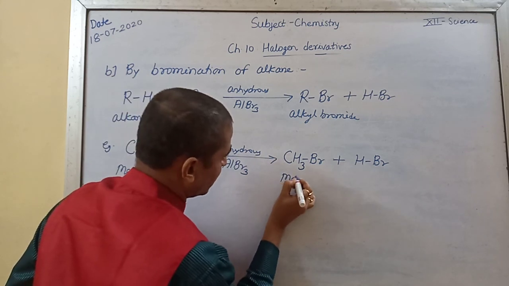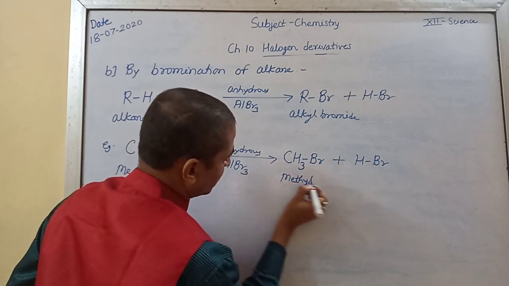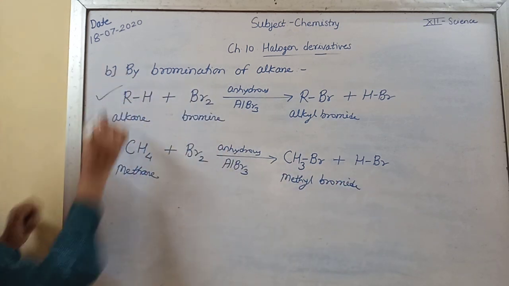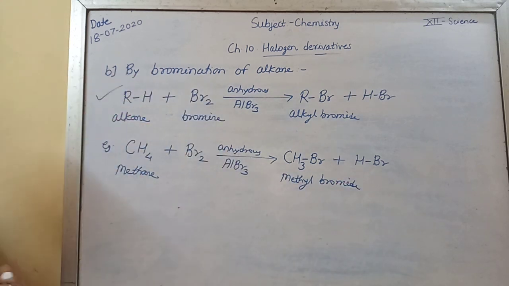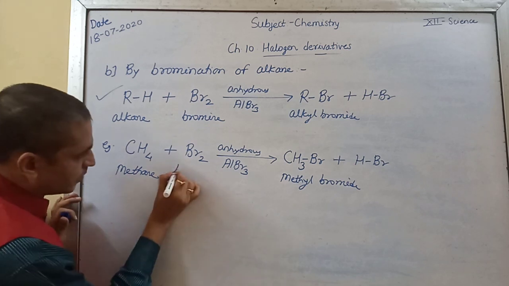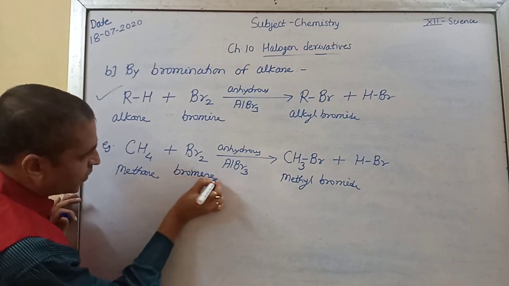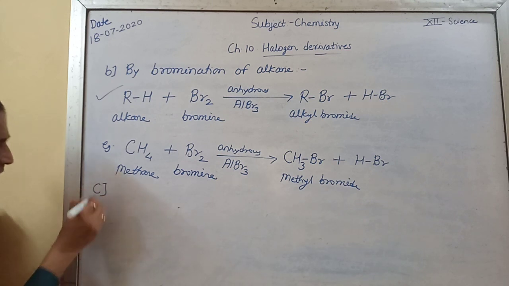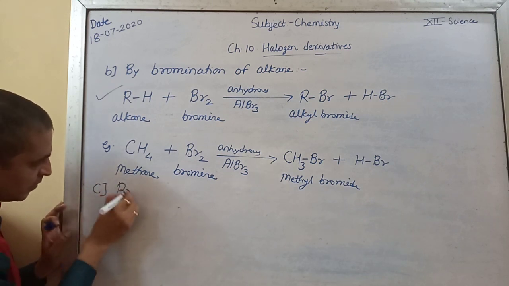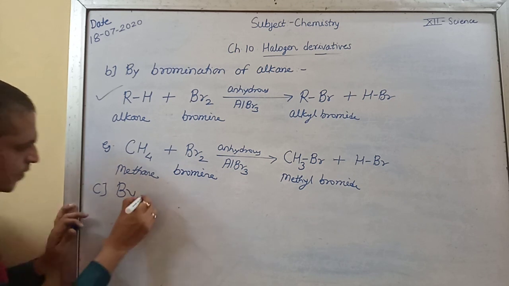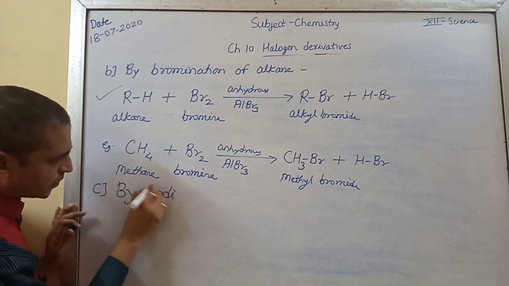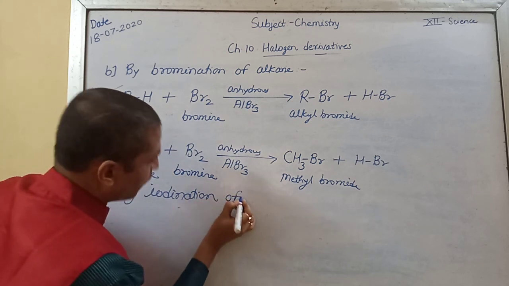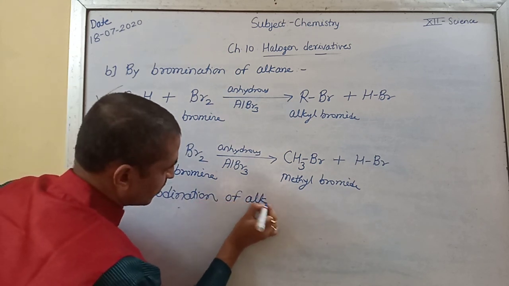It is methyl bromide. This reaction is used as a formula. I hope you understood this second method. Now see the next, iodination of alkane.